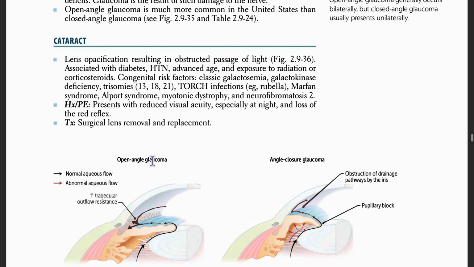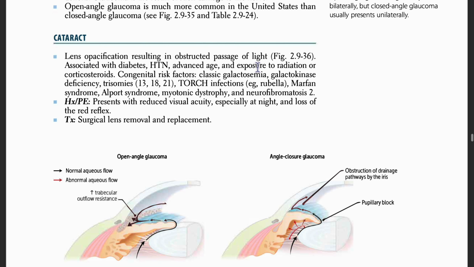Cataract. Lens opacification results in obstructed passage of light, associated with diabetes, hypertension, advanced age, and exposure to radiation or corticosteroids. Congenital risk factors: classic galactosemia, galactokinase deficiency, and trisomy 13, 18, 21, that's Patau, Edwards, and Down syndrome.